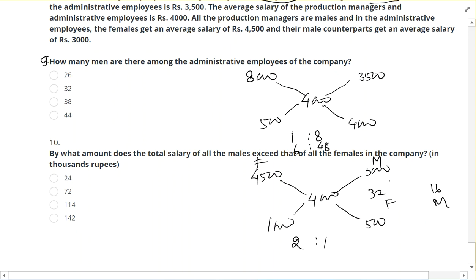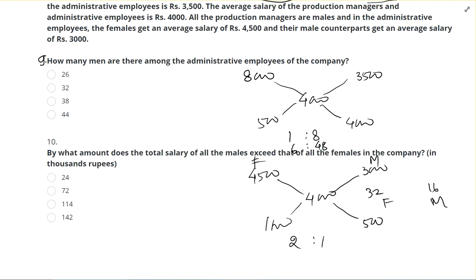Just a minute. How many men are there among the administrative employees? Females get an average salary of 4,500 and their male counterparts get an average salary of 3,000. So female to male is 2 is to 1. Males are 16 and females are 32. Yeah, there's a mistake.